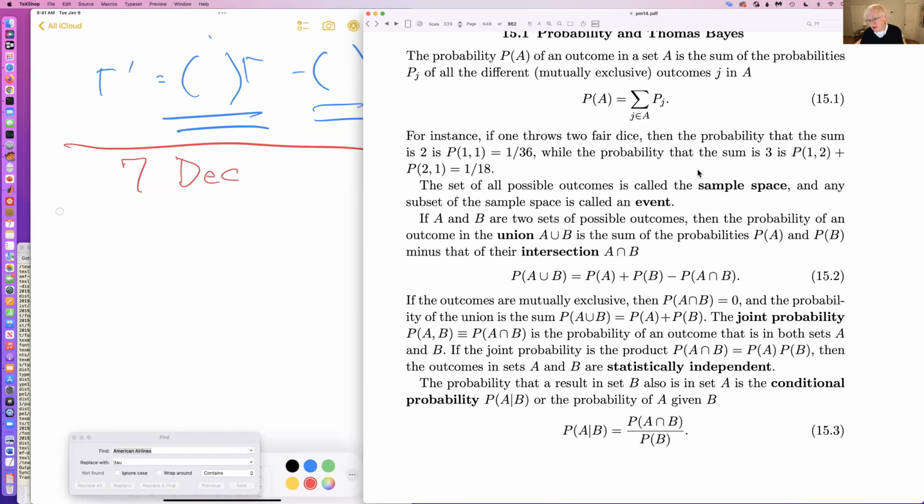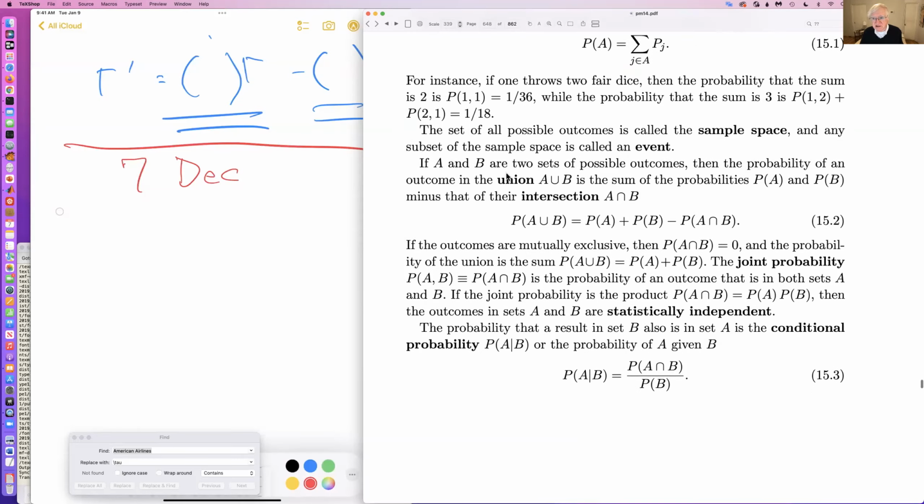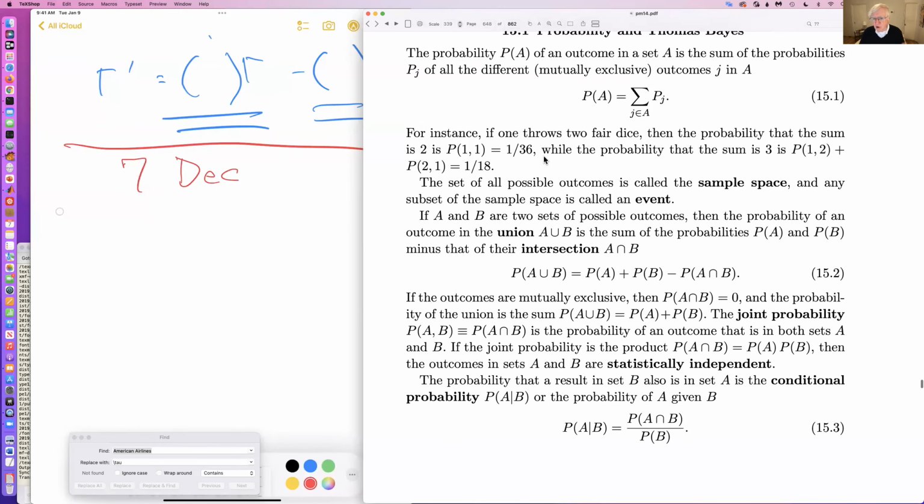Probability the sum is 3? Well, it's P12 plus P21. That's 1 over 18. Anyway, the set of all possible outcomes is called the sample space, and any subset of the sample space is called an event. I'm giving you the sort of standard terminology here.